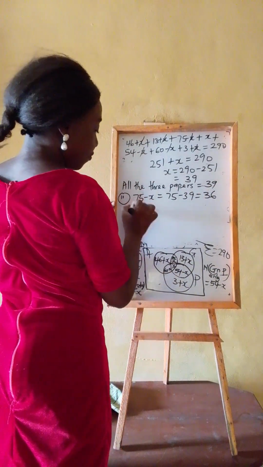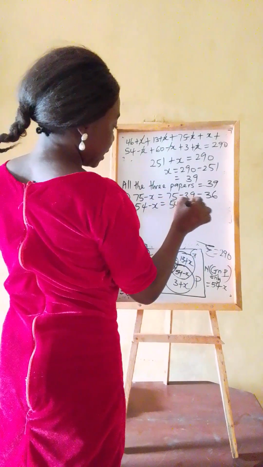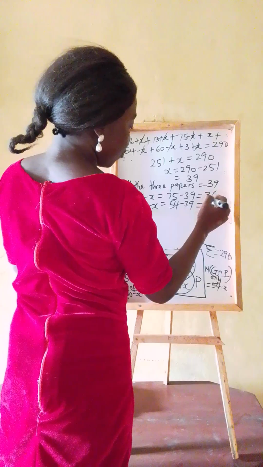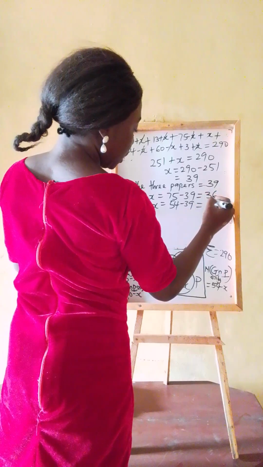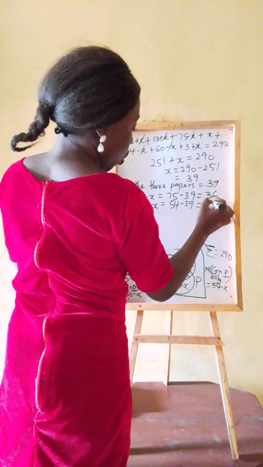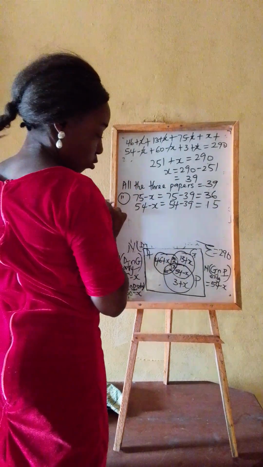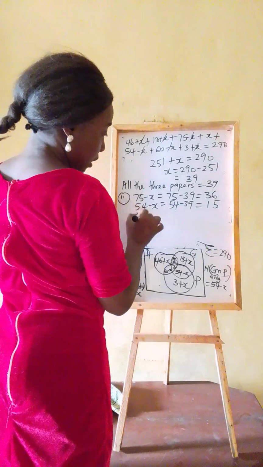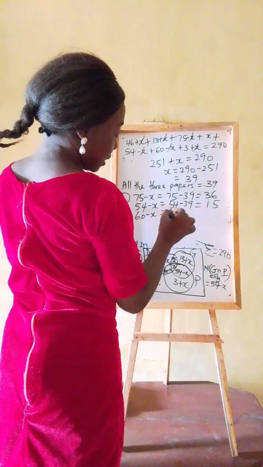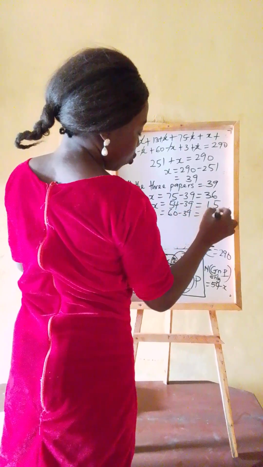We have 54 minus x, and that's 54 minus 39, which is 15. Then also 60 minus x, and that's 60 minus 39, and that's 21.